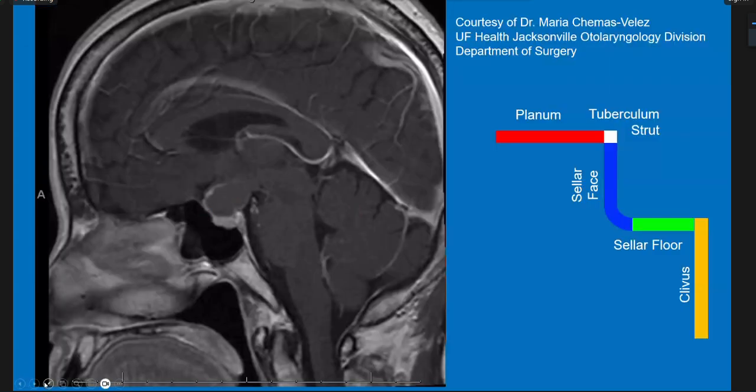And again, here you have the mass in relationship to this pattern that you see here: the planum, the tuberculum, the sellar floor, and the clivus. This is the mass in relation to these areas.